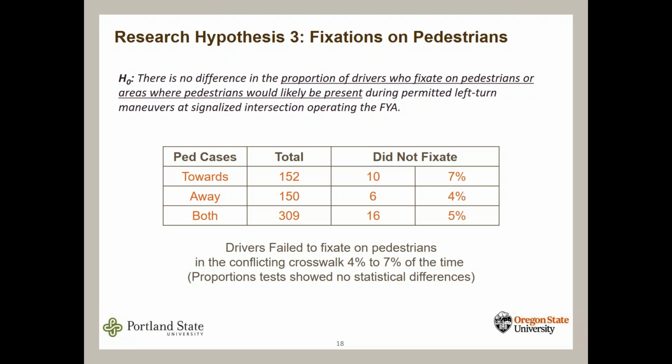And we conducted proportions testing and found no statistical differences between either the 3-section signal head or the 4-section signal head in comparing those alternatives. It's not statistically significant. There is a percentage of the time where the drivers aren't actively searching for the presence of pedestrians in that conflicting crosswalk.